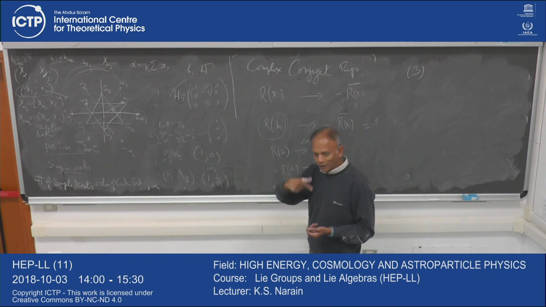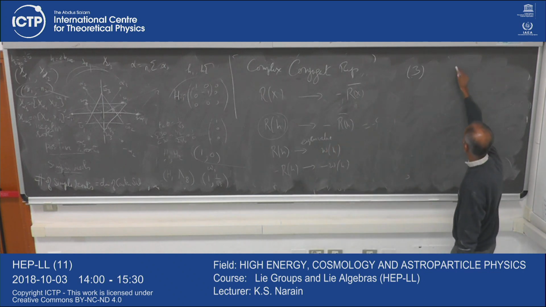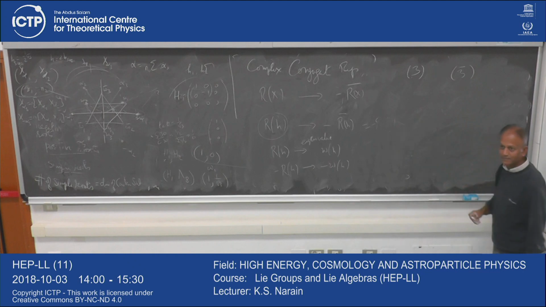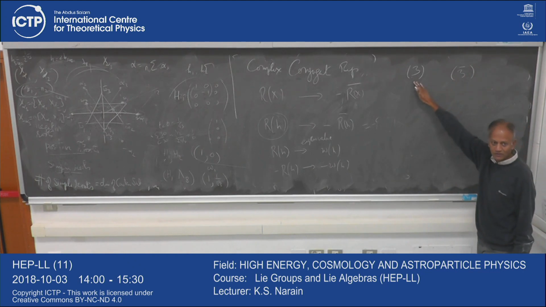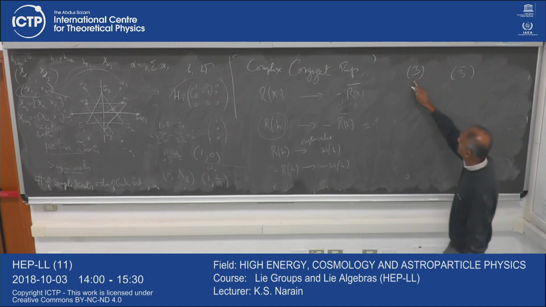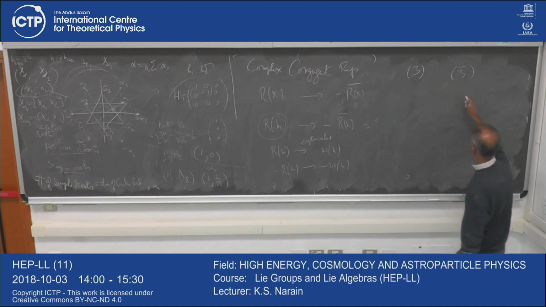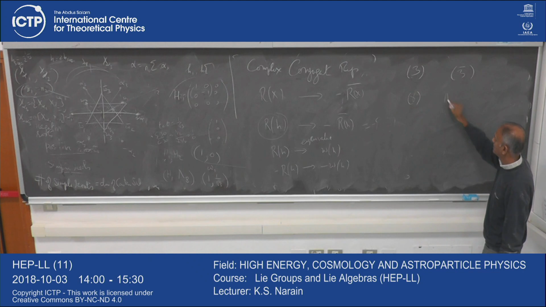The complex conjugate is also 3-dimensional, but you want to distinguish them, so you use some notation, and the complex conjugate representation is denoted by 3 bar. The bar just tells you that it's the complex conjugate of that. So these were the fundamental representations, and then we also have a representation 8, which is the adjoint representation.